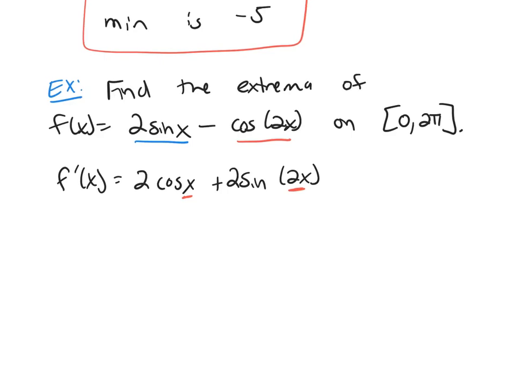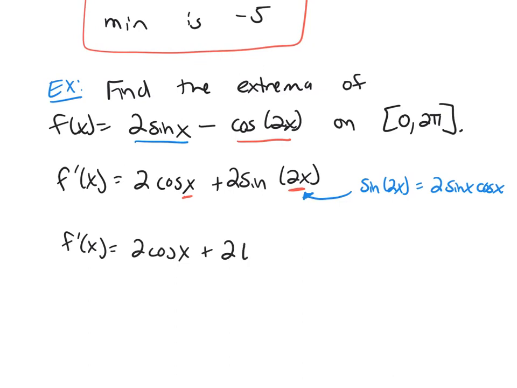So I'm going to use an identity here. The identity I'm going to use is that sine of 2x is 2 sine x cosine x. Okay, a double angle formula. So f prime of x will be 2 cosine x plus 2 times 2 sine x cosine x.